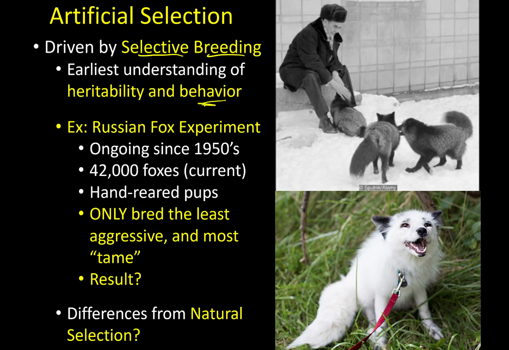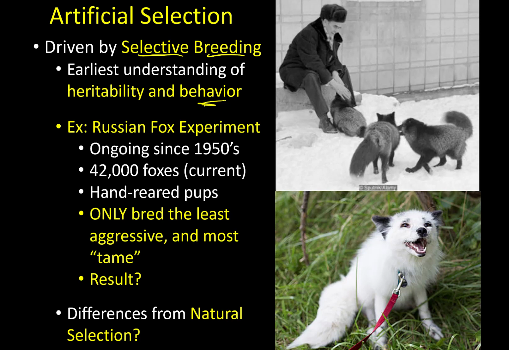You only let the white foxes reproduce. Then they give birth to a new generation of offspring, and maybe the majority of them are white. And once again, you only allow those white offspring to breed. Eventually, you are going to have a population of all white foxes, and pretty good evidence that the color white, or the absence of color that makes you appear white, is a heritable trait.